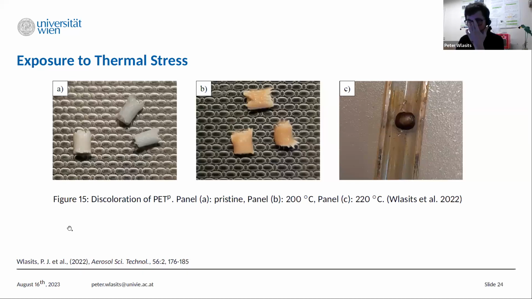Now the figure, of course, suggests that it just depends on the set point temperature of the tube furnace, but I want to stress here that there is also a time component that needs to be taken into account.